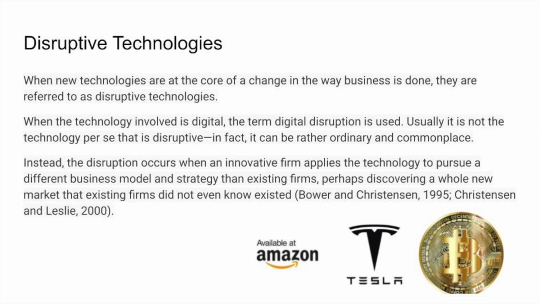We've seen lots and lots of companies over the last number of years that are very much digitally based come in. Amazon, Tesla, and the concept of bitcoins has really changed the way that we look at a lot of traditional industries, be it shopping online, automobiles, or money. And these are going to be something that we're going to see a lot more of into the future.